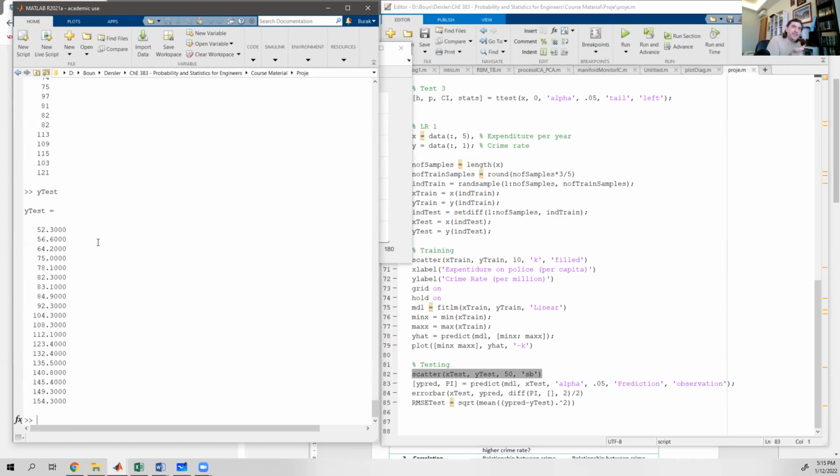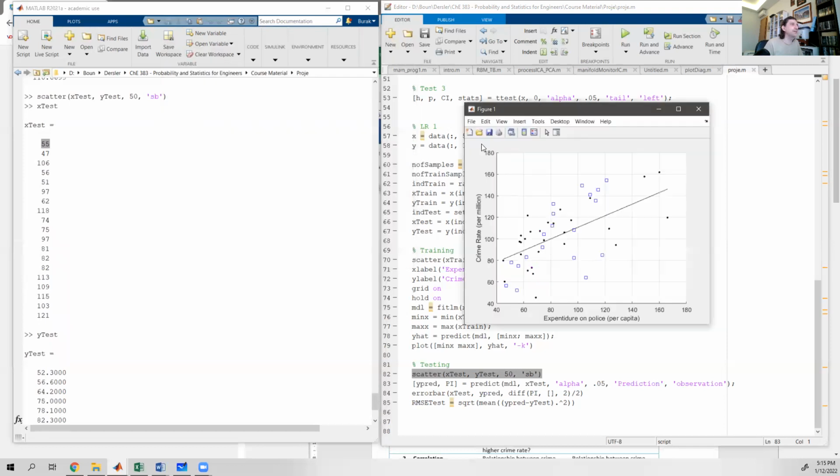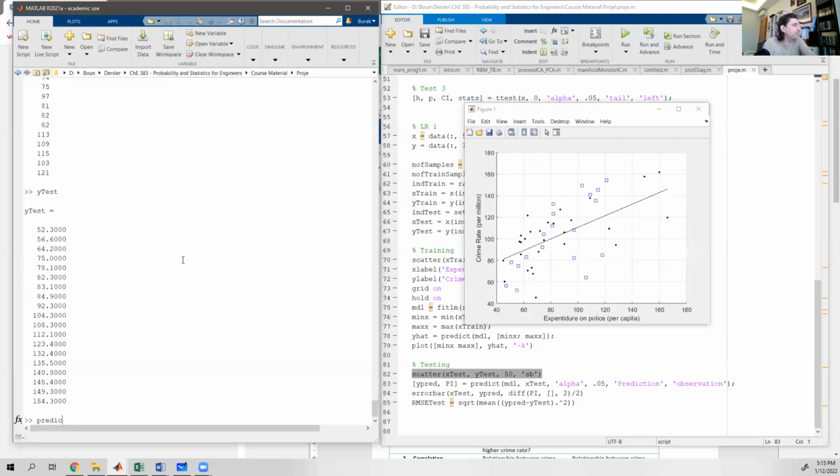At the beginning of the year, given the previous information, and that specific information about the police, which is equal to 55, can this machine predict what the crime rate is going to be? Yes, that's what it does. So I predict with the model using 55. It says it's going to be 86, and the real value is 52.